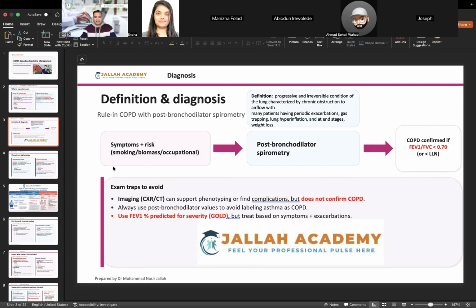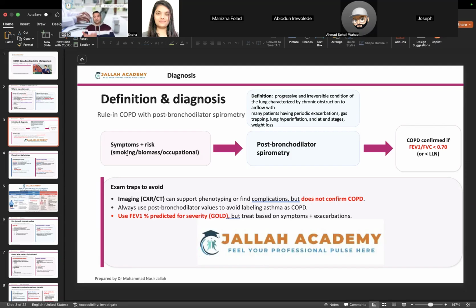So in terms of diagnosis, as I mentioned before, if you have a patient who has characteristic findings of COPD, now you are trying to do a differential between asthma and COPD, or you want to confirm it, then you go ahead and start doing the spirometry.